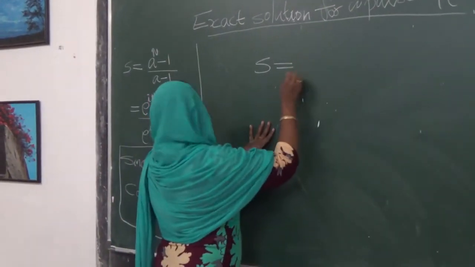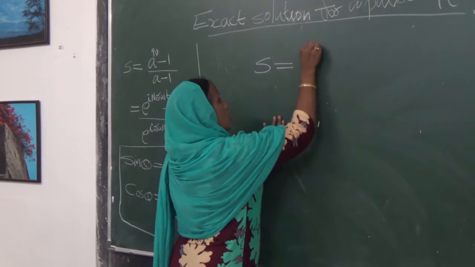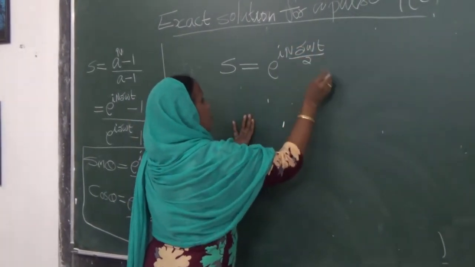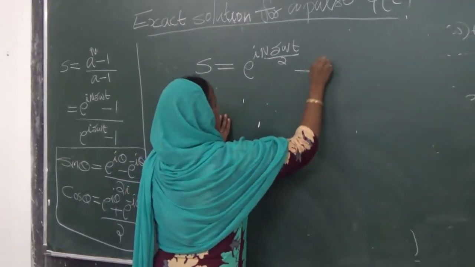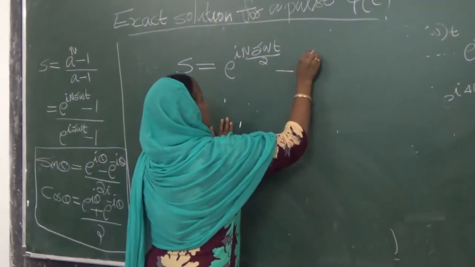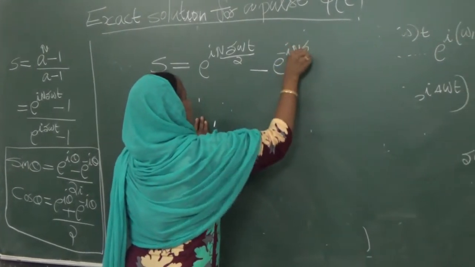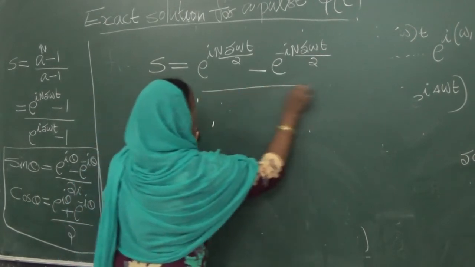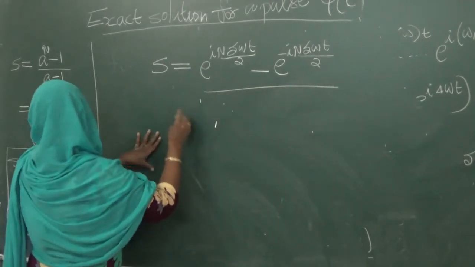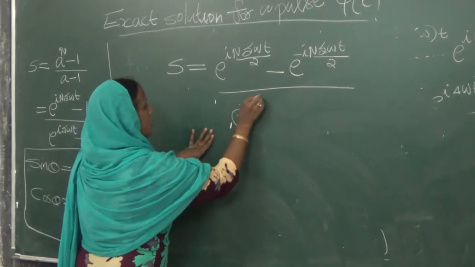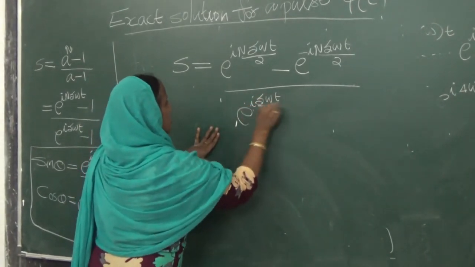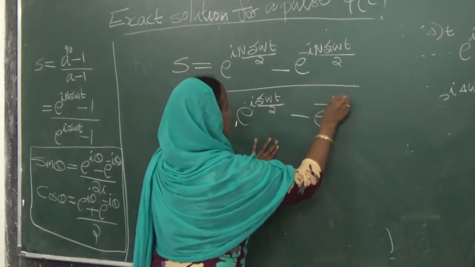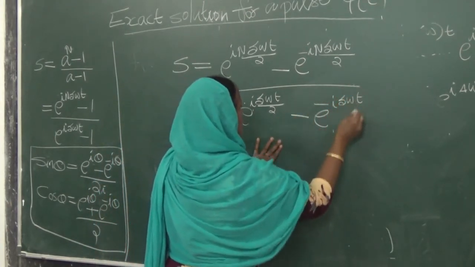Then we get e raised to i n delta omega t by 2 minus e raised to minus i n delta omega t by 2, divided by e raised to i delta omega t by 2 minus e raised to minus i delta omega t by 2.